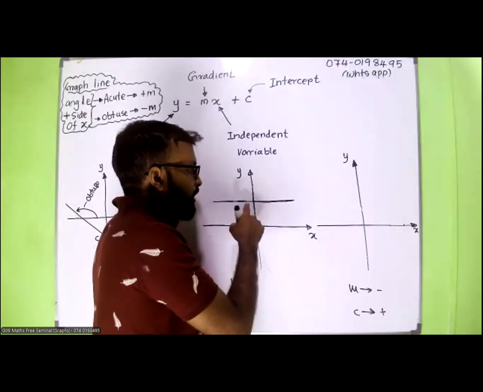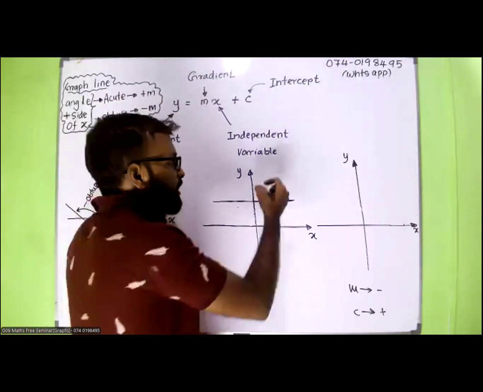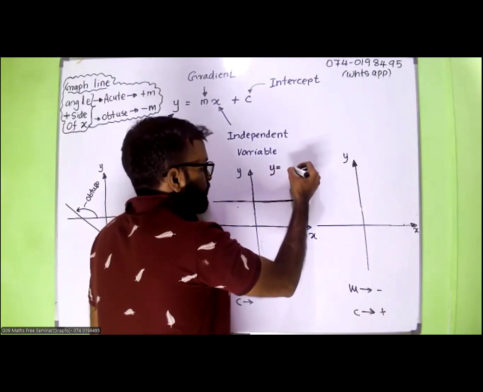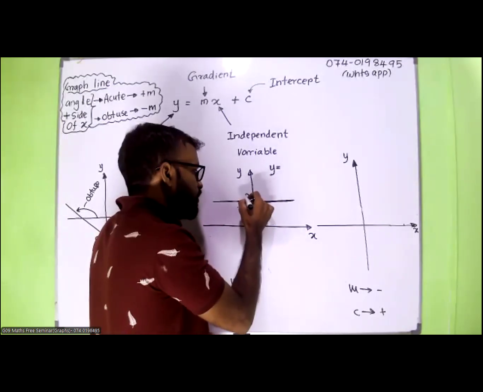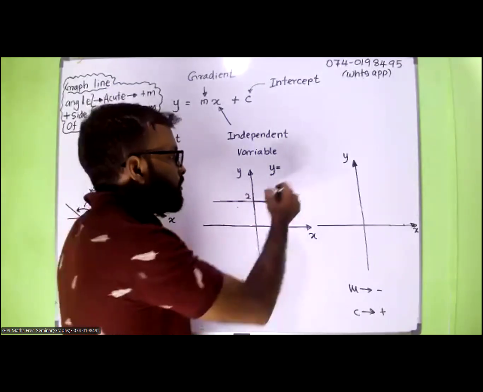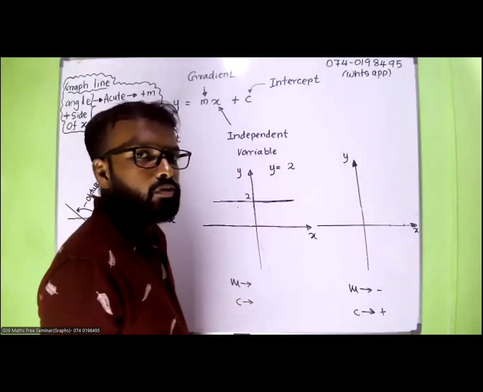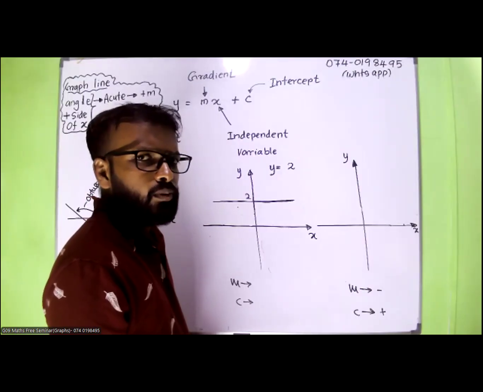So in this kind of situation, normally if the graph is crossing your y-axis, you are writing it as y equals something. For an example, let's take this as 2, so y equals 2. So what has become of the mx term?